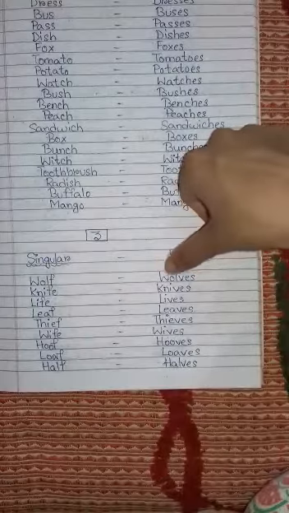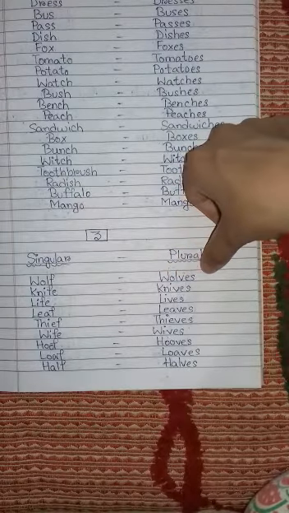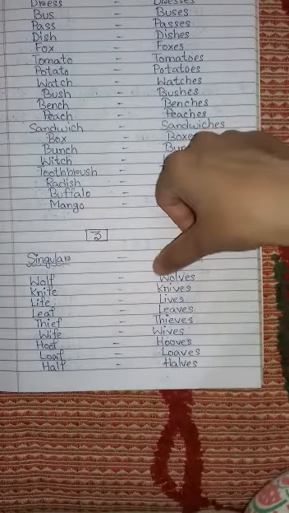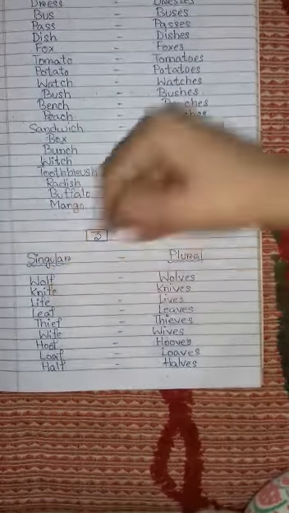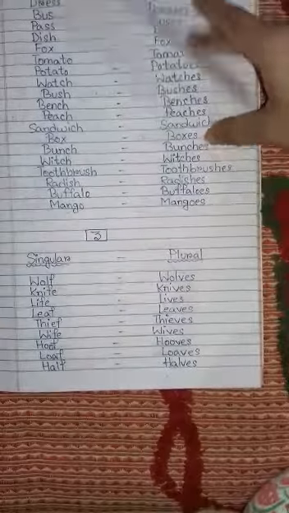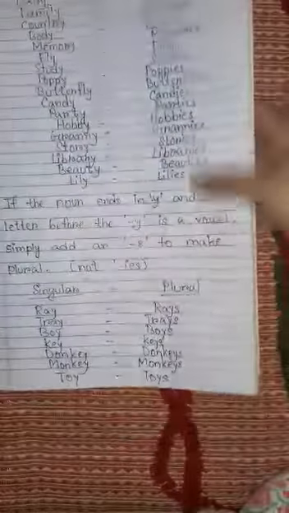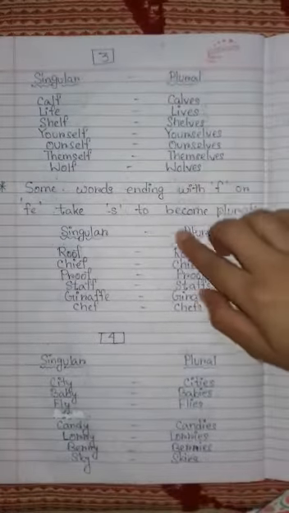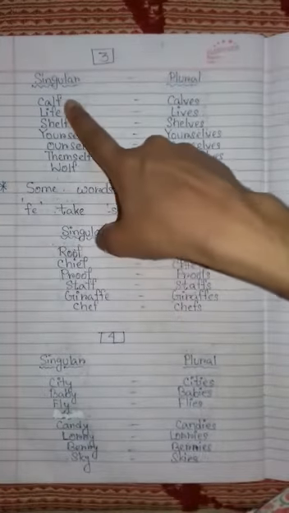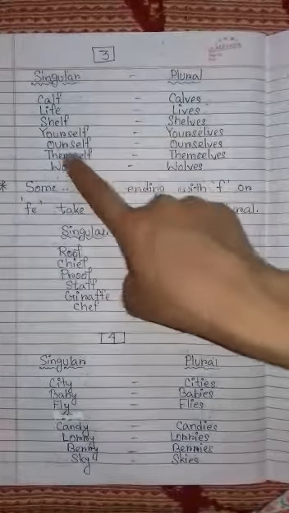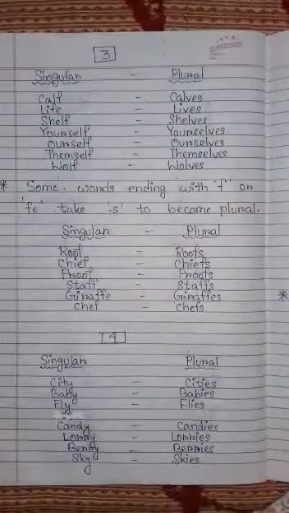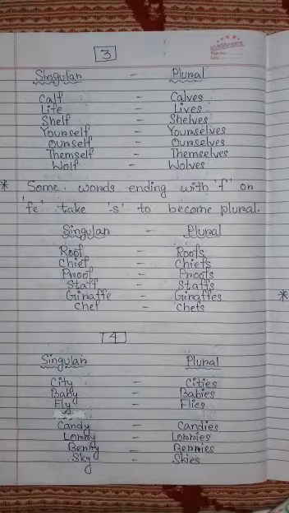Have I written wolfves? No. We have to write wolves. We cannot write f or fe again here. Okay? Some more examples are here. Calf, calves, life, lives, shelf, shelves, yourself, yourselves, ourself, ourselves, themselves, wolf, wolves.